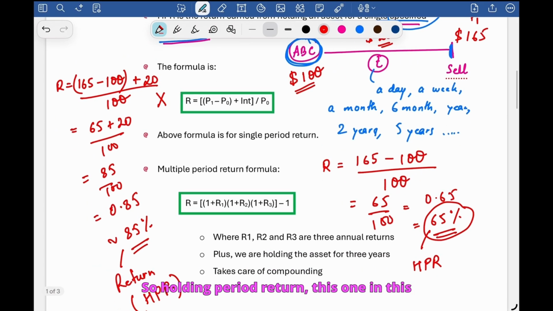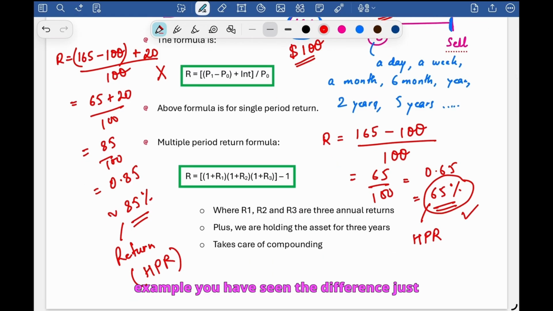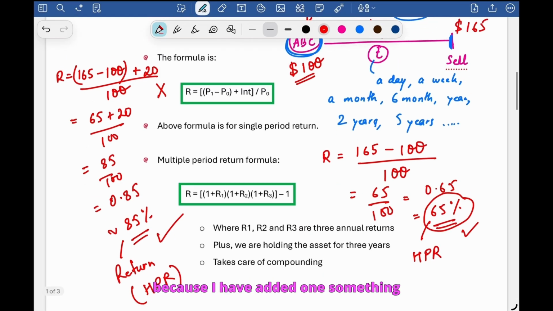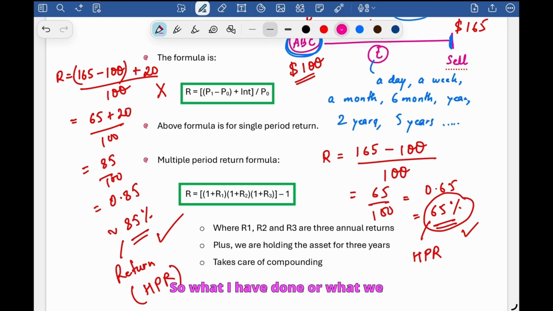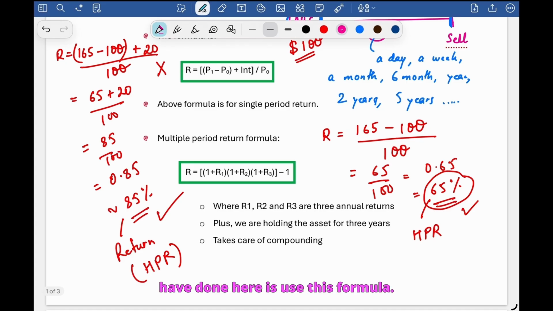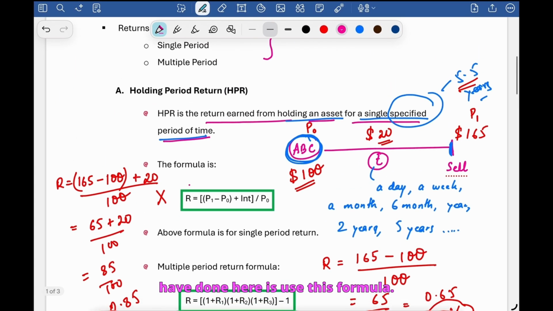In this example you have seen the difference just because I have added something called dividend or interest. So basically you don't need to remember this formula. What we have done here is use this formula.